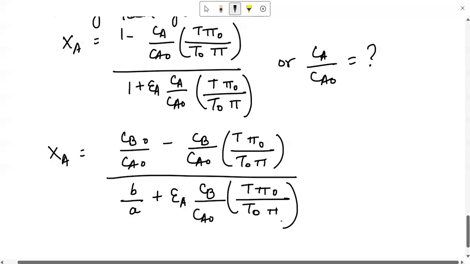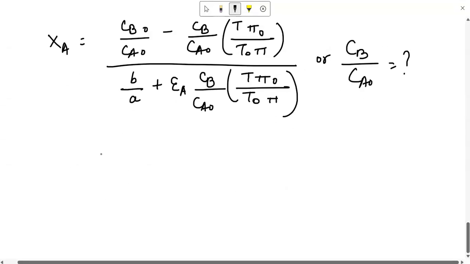So here again you can do mathematical manipulation and you can comment on this video what will be the expression for Cb by Ca naught. So just you need to cross multiply and make Cb by Ca naught the subject of your equation.